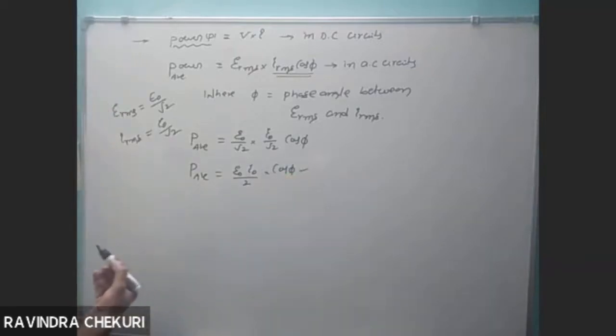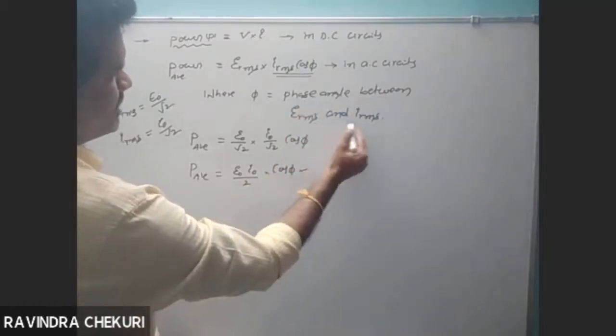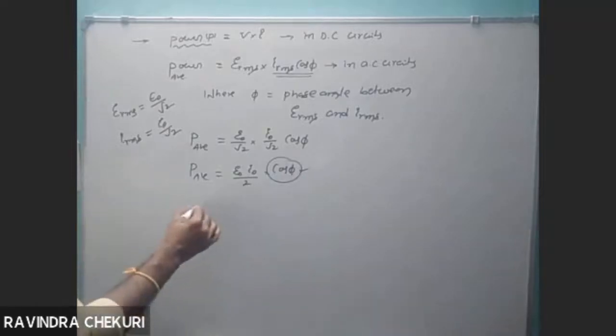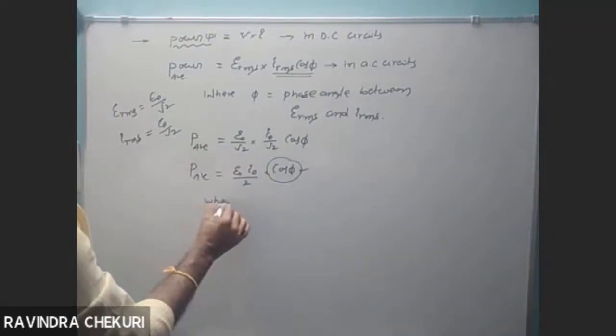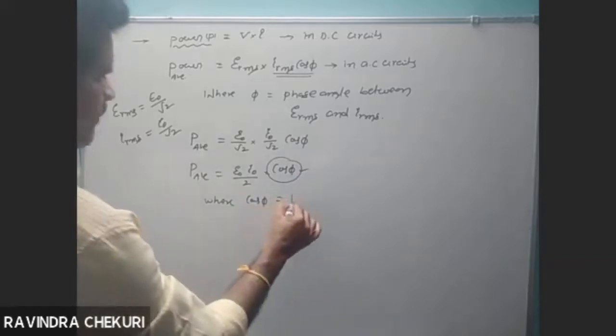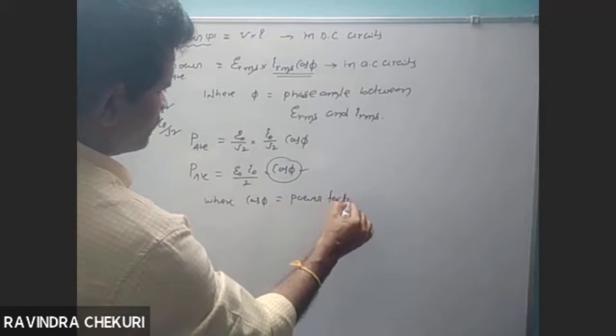Where phi is the phase angle between ERMS and IRMS. That cos phi is called the power factor.